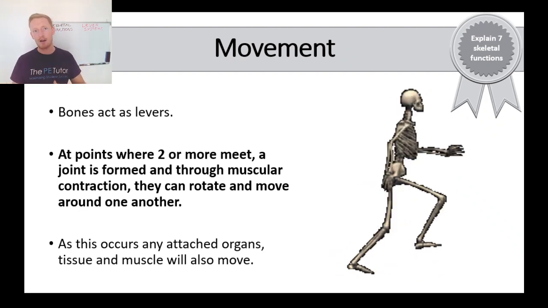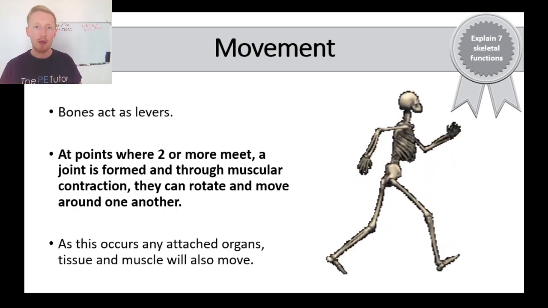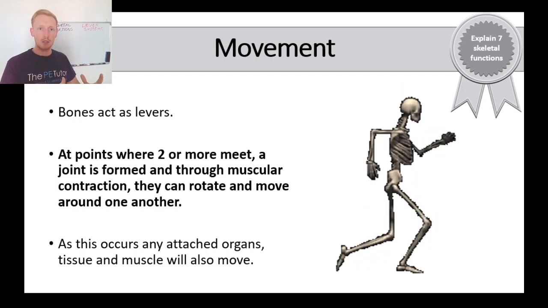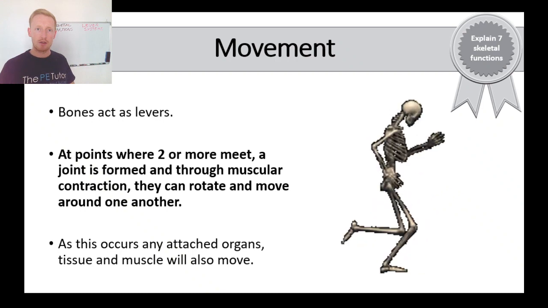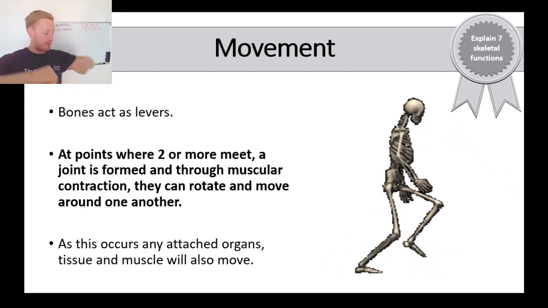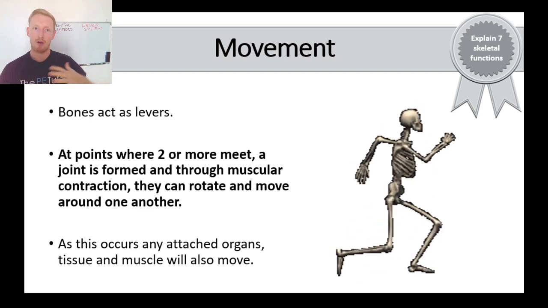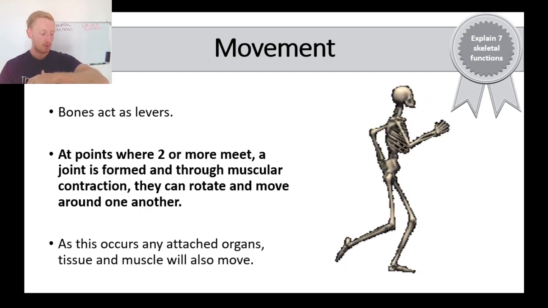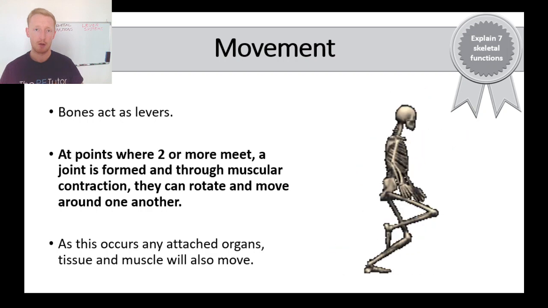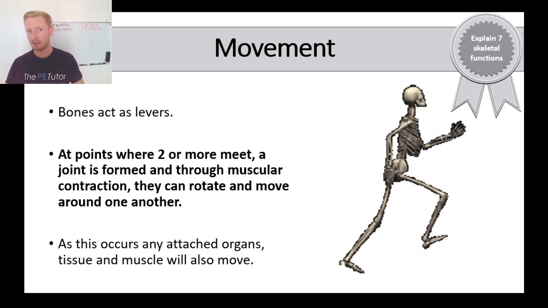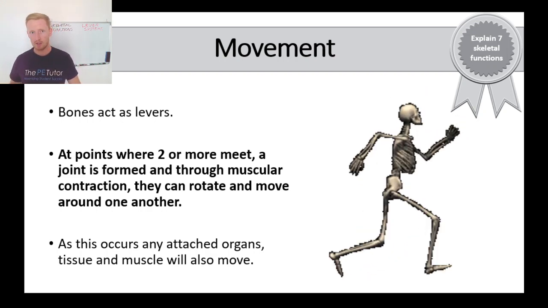We need to have its partner in crime, it needs to have muscle attached to it. Because without the muscle attached to the bone, that bone is just going to be left there, not lifeless because it's got its own blood supply and everything inside of it, but motionless, we could say. A bone can't move without a muscle attached to it, pulling on it.